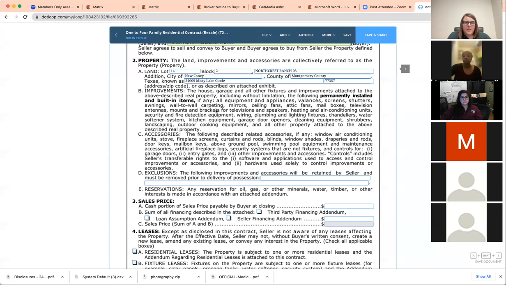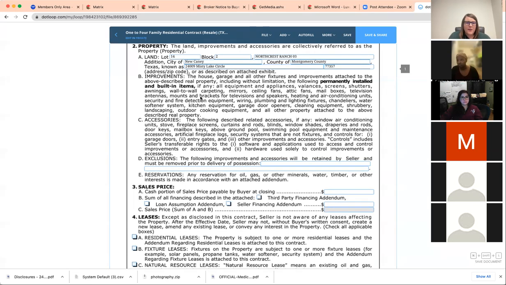And so those would be all garage, the house, the garage, and all of their fixtures permanently installed. So that's valances, shutters, awnings, wall-to-wall carpeting, mirrors, ceiling fans, attic fans, mailboxes, television antennas, mounting brackets for television and speakers.